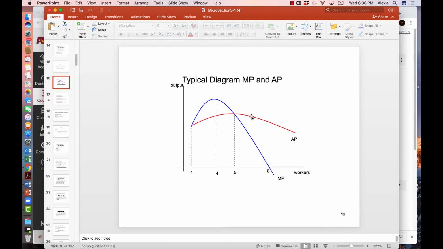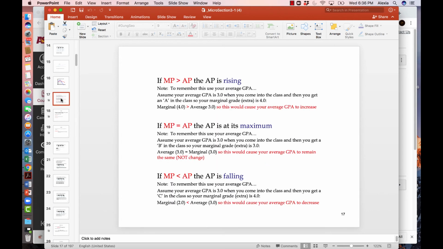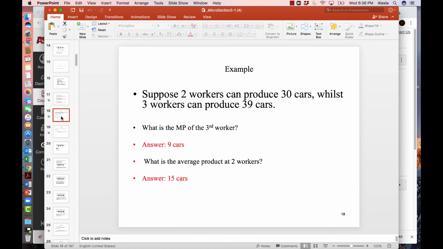It has to be increasing. Once marginal is less than average, your average must be going down. So there has to be a place at which the two cross or intersect, and that's where they're equal. It's not a random thing, the way these product curves end up looking when we diagram them out. Again, slide 17, you'll want to review it. That's what I was reviewing when I went over the GPA.